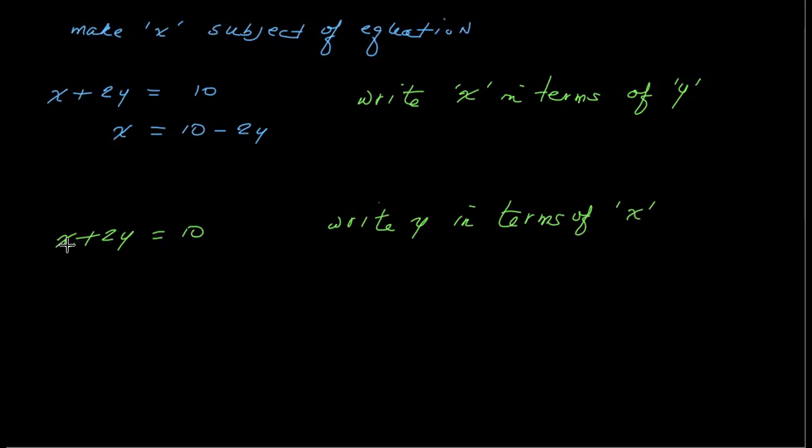So I got to transpose this x. I'm going to have 2y is equal to 10 minus x. See, this was positive over here, so now it becomes negative. But I'm not finished. Now I got to divide both sides by 2. So now this side, after divided by 2, they cancel out, so it becomes just y. And this becomes 10 minus x divided by 2.